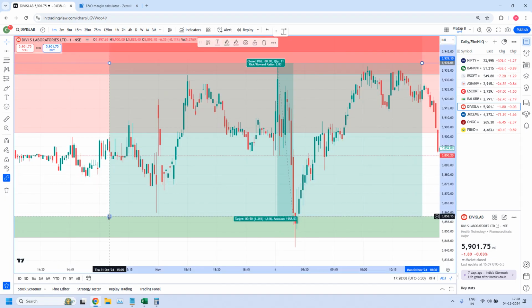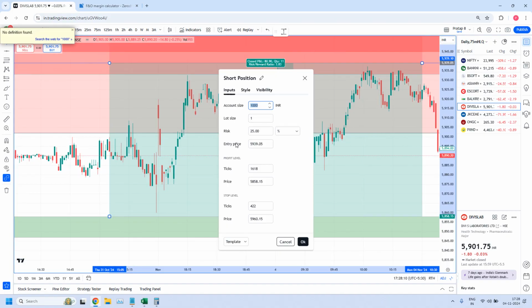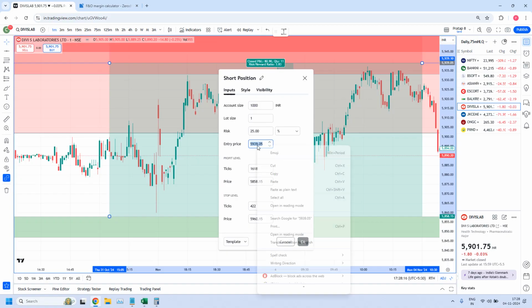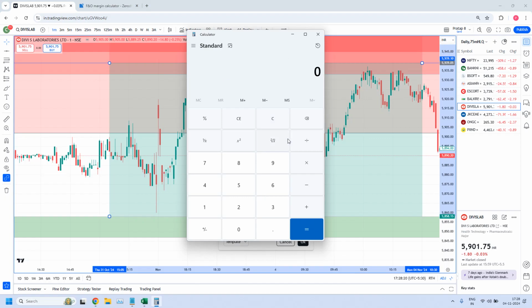How much profit we would have got today? Entry minus target, because this is a short trade. What is the entry price? This is the one. So risk is within the limit, and RR is also within our acceptable level, and 15 minutes target it reached.